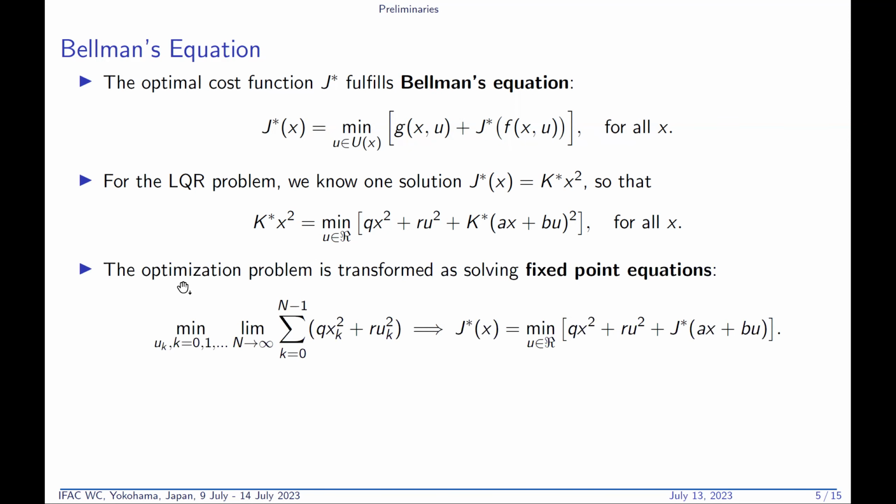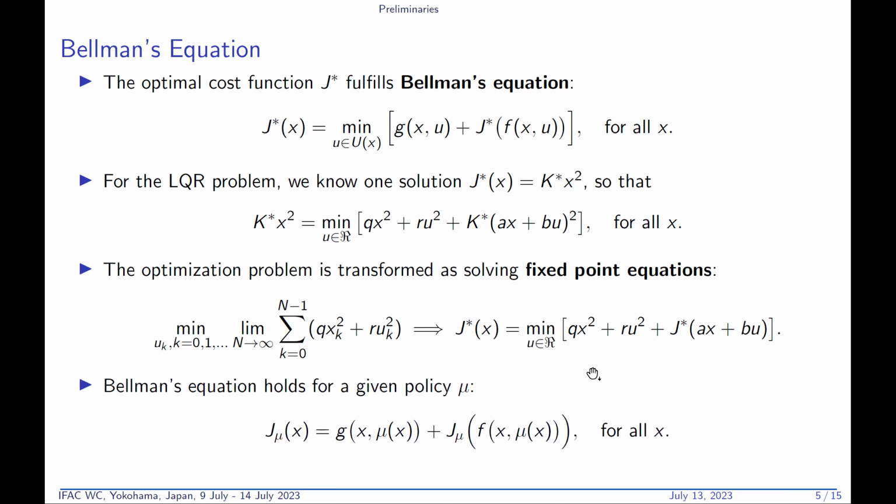And this is very important because recall that initially we would like to solve the optimization problem that is minimized over the infinite sequence of control. Then, due to Bellman's equation holding for the optimal cost, this is transformed into solving a fixed point equation. This is a functional equation, involving as many scalar equations as the number of states.